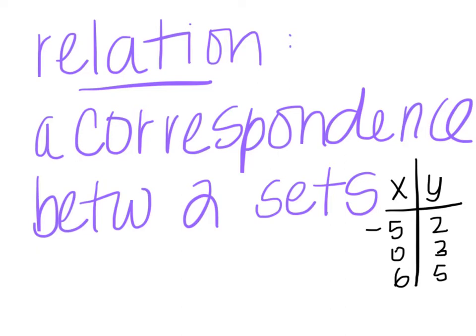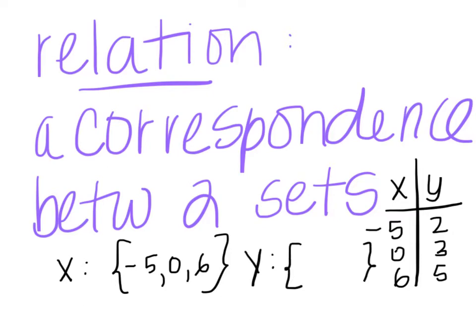So you've got the set of x, which would be -5, 0, and 6, and then the set of y, which would be 2, 3, and 5.